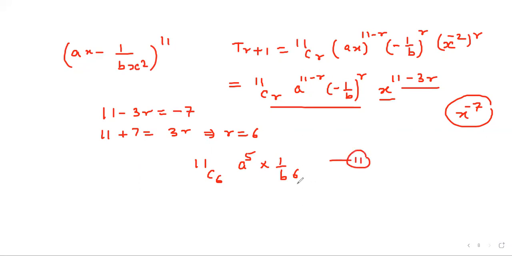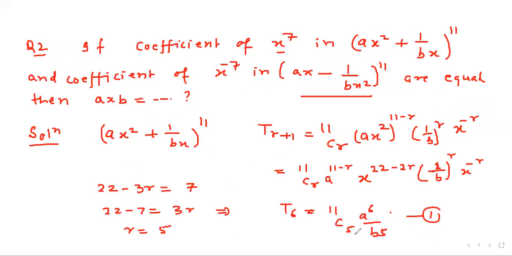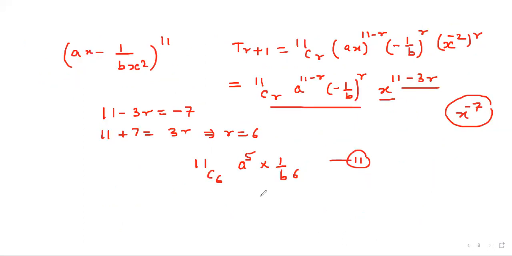But we are given that both the coefficients are equal. So we can equate the two. This 11C5 a power 6 into 1 upon b power 5 must be equal to 11C6 a power 5 times 1 upon b power 6.